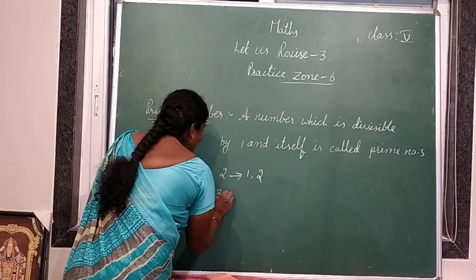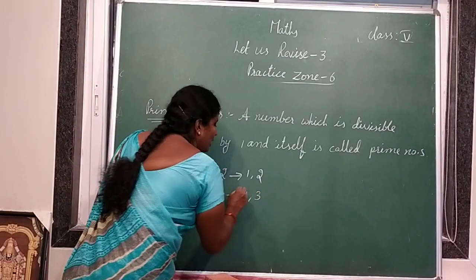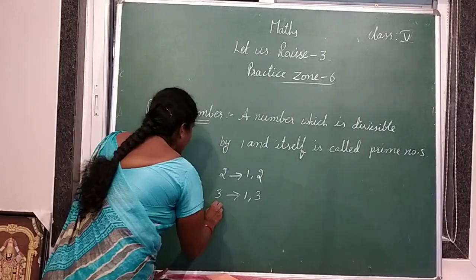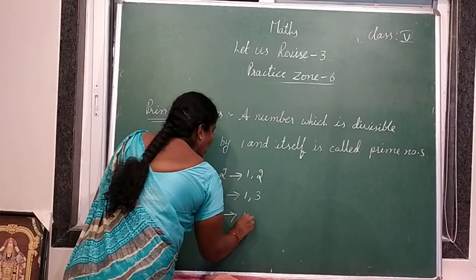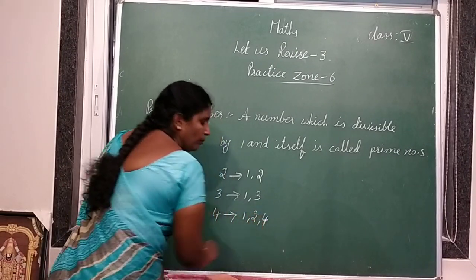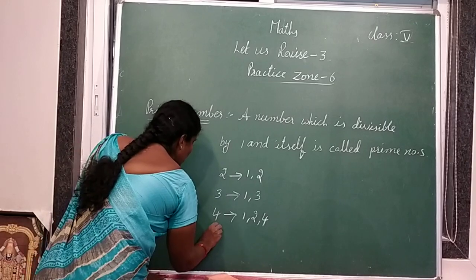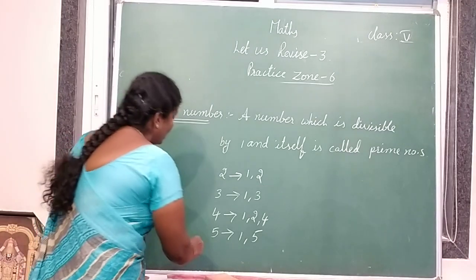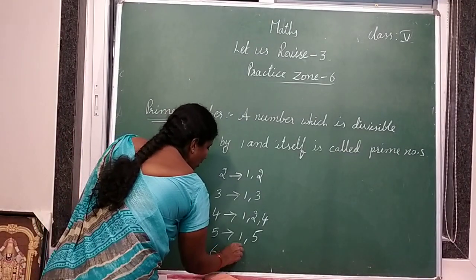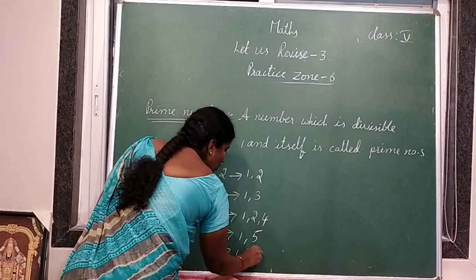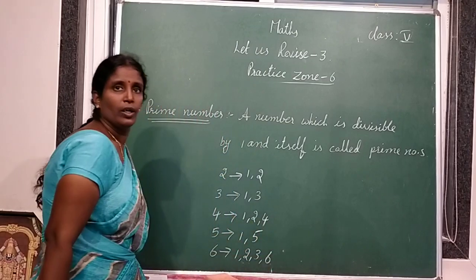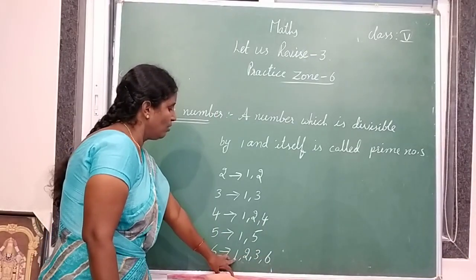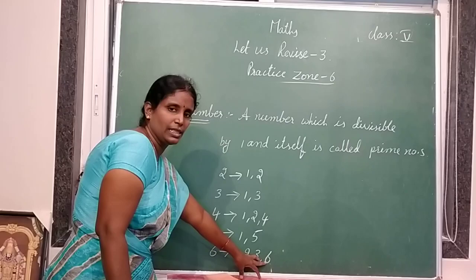Next 3 is divisible by 1 and 3. 4 is divisible by 1, 2, 4. 5 is divisible by 1 and 5. Next 6 is divisible by 1, 2, 3, 6.